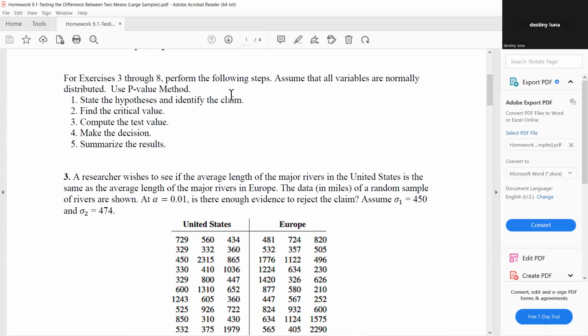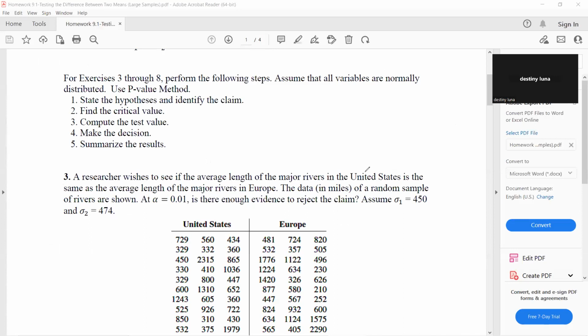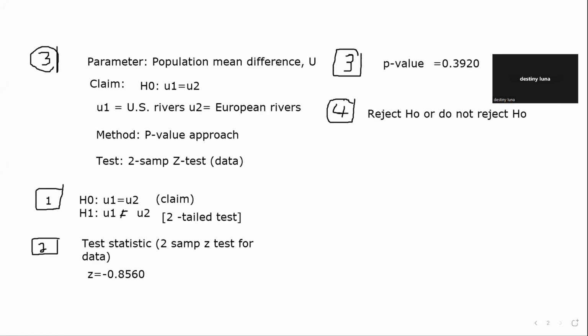So let me see. Now we compare p to alpha.